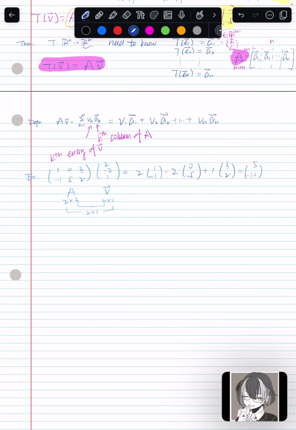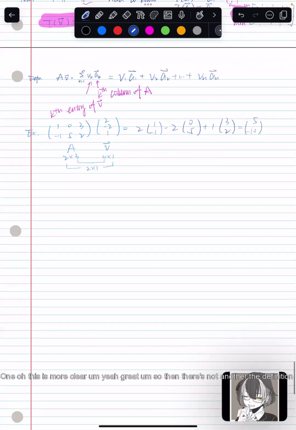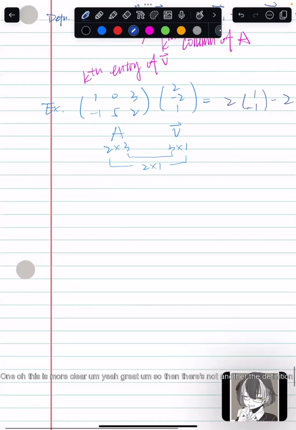So this is just another way to do the matrix multiplication. Sometimes it's easier than the other one. At least it's more clear. So then there's another definition.